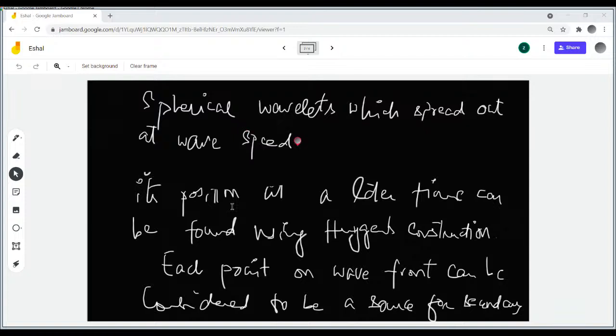At wave speed, the new wavefront is the surface that touches all the wavelets.